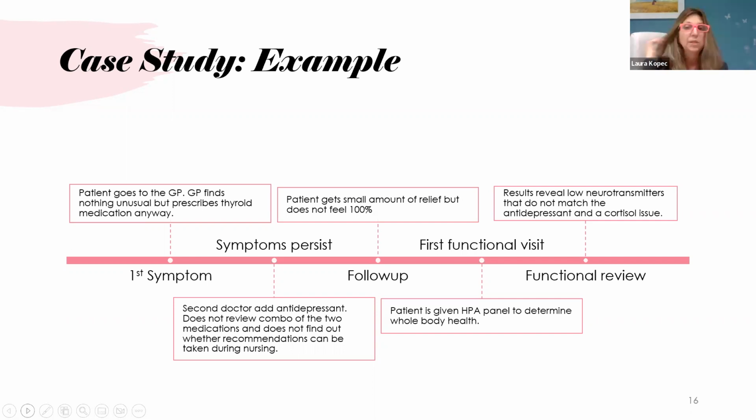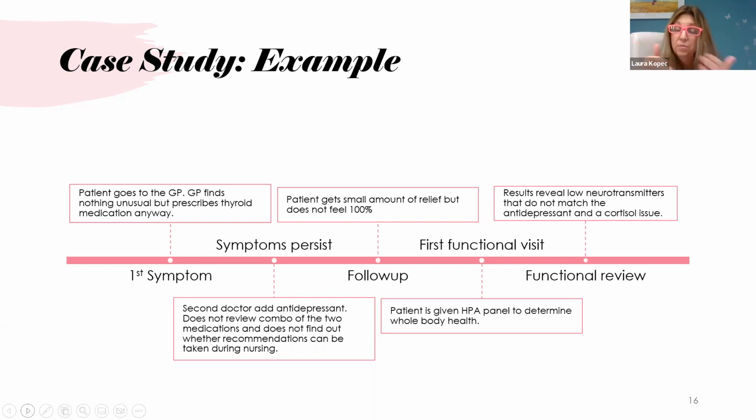Anyway, the person finds a small amount of relief, but doesn't feel 100%. So now they come and see me. In their first functional visit, I recommend the HPAG panel to determine whole body health, and the results reveal low neurotransmitters, but they don't match the antidepressant this person was taking.